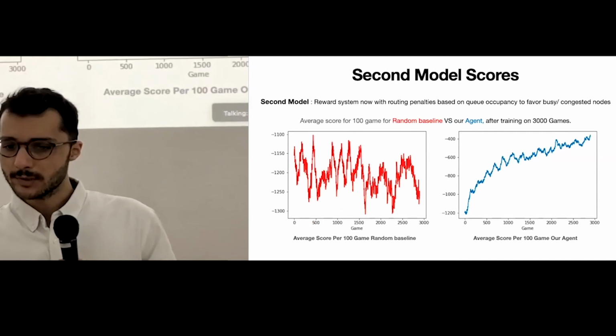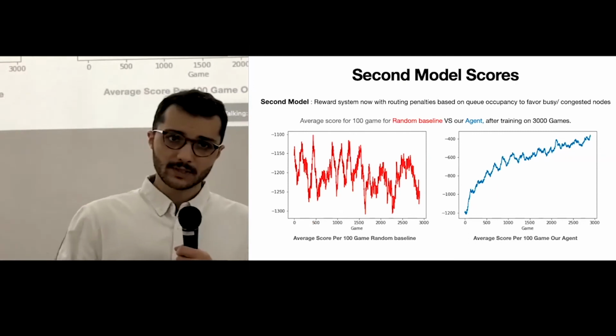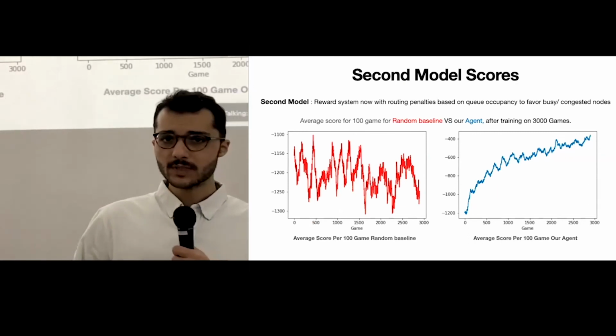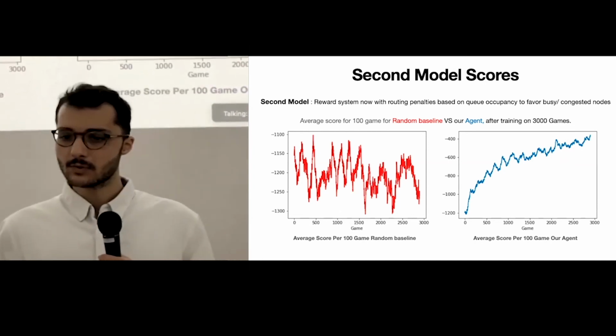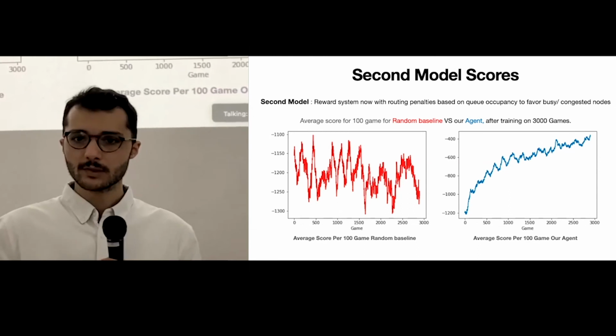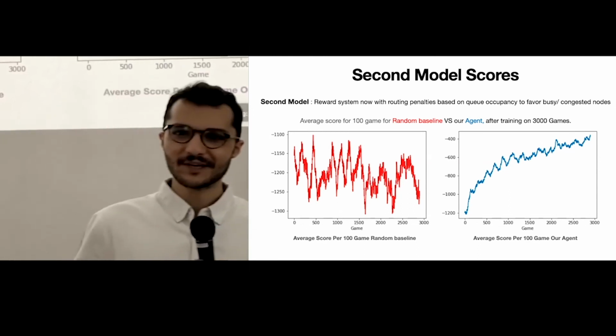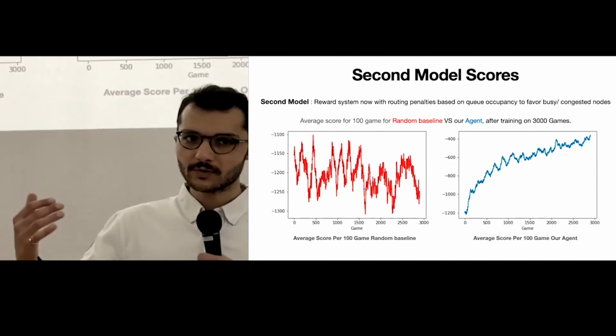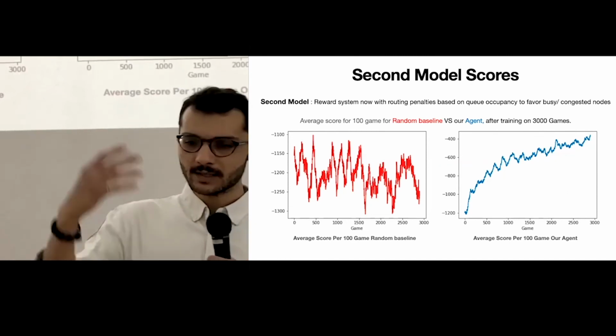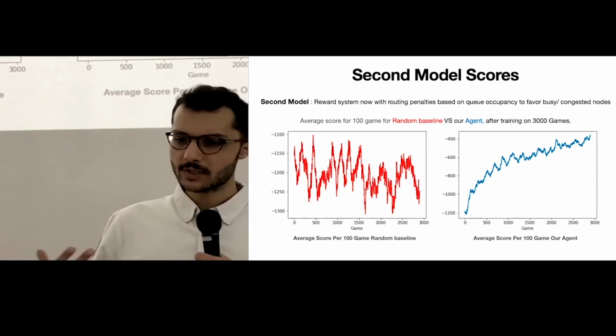Our second model includes the next queue occupancy as a penalty, and doing that enabled us to get better results. Here, we're looking at the average of the average running scores to be able to figure out the trend, because the variance is very high whenever the training is happening.